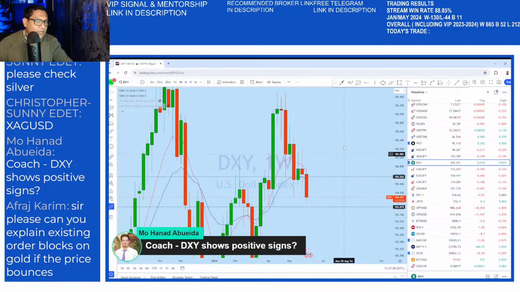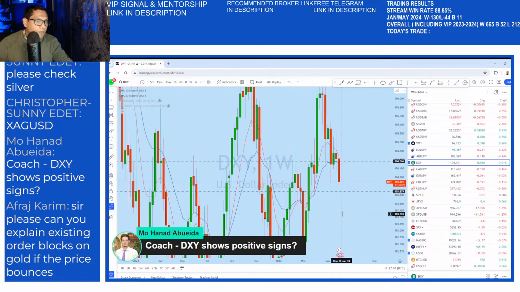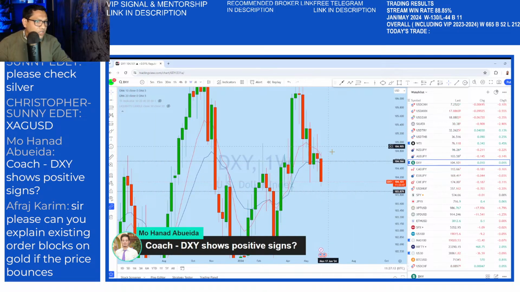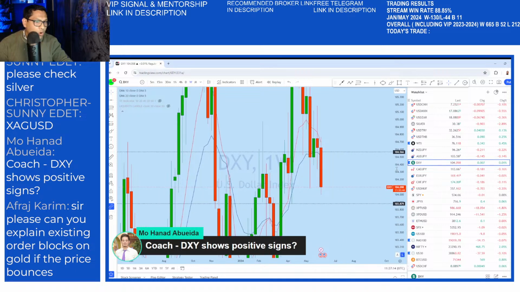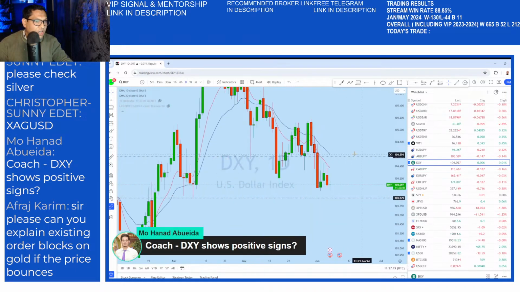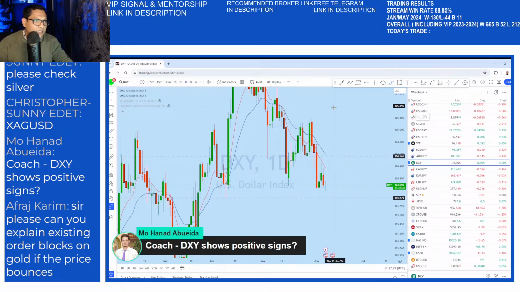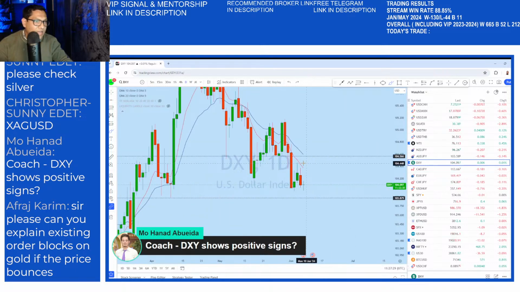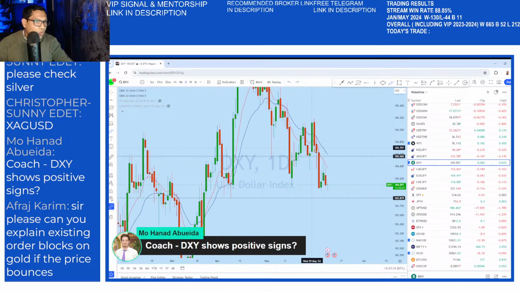So with that drop, we are expecting DXY to break below this support level. Now, if we look at the daily chart, we can see a huge drop, followed by a very small, very narrow pullback, and now we see another drop in that market.